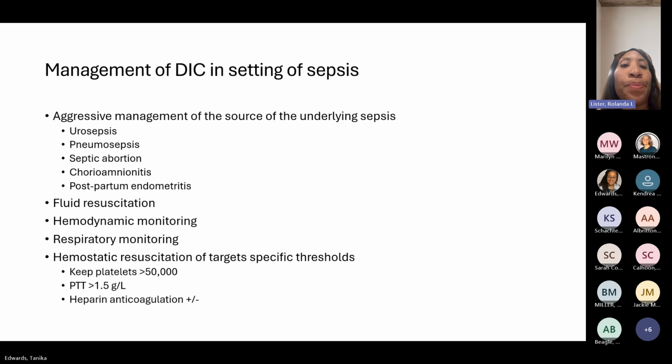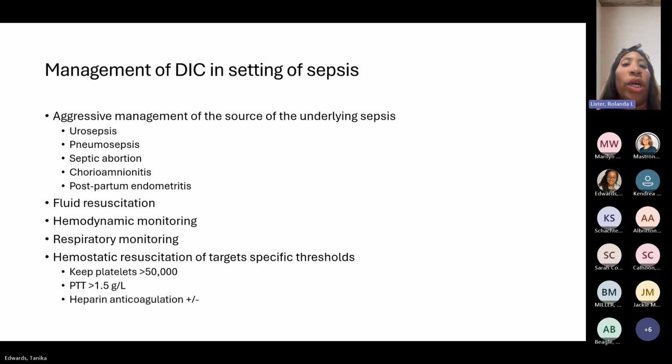Other non-pregnancy related things that can cause sepsis are things like appendicitis and cholecystitis. Any kind of infectious etiology can lead to sepsis and ultimately the same common pathway.